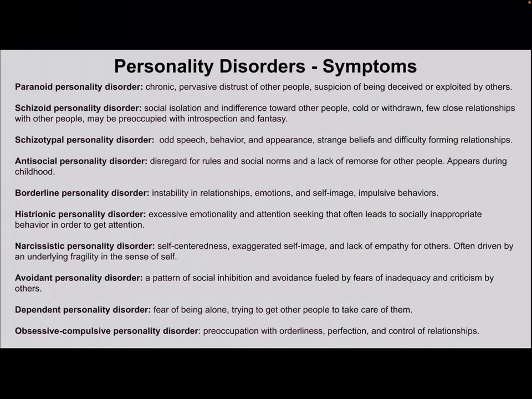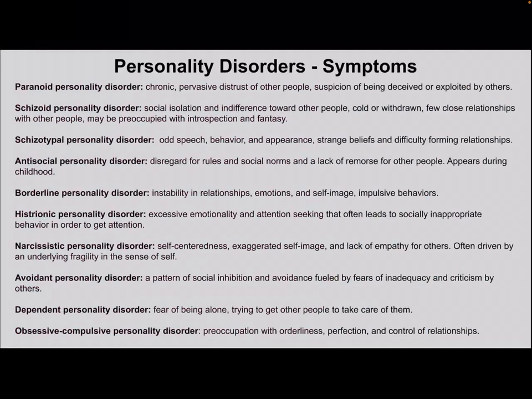So those first 3 are part of the odd or eccentric cluster, and these 3 basically are parts of schizophrenia. It's almost like the person has just one of the 5 schizophrenia symptoms. So instead of being diagnosed with schizophrenia, they're diagnosed with either paranoid, schizoid, or schizotypal personality disorder.